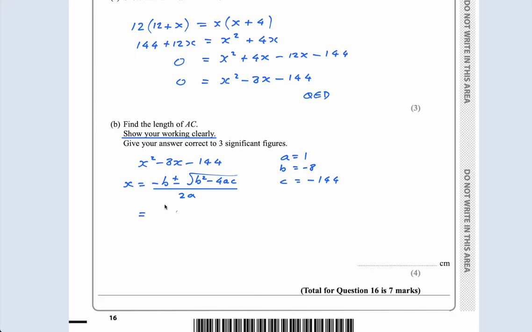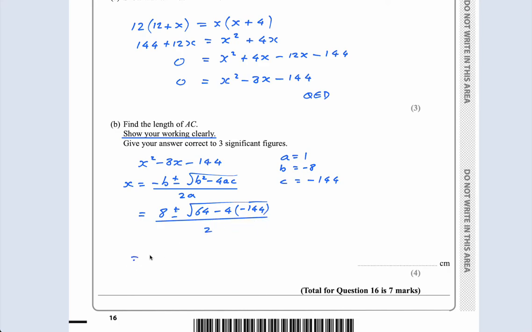You can obviously slow the video down, press pause or whatever, but minus b, minus 8 is plus 8, plus or minus the square root of b squared, which is 64. Remember, whatever b is, this is going to be positive because you're squaring it. Minus 4 times a, which is 1, times negative 144, all over 2 times 1, which is 2.